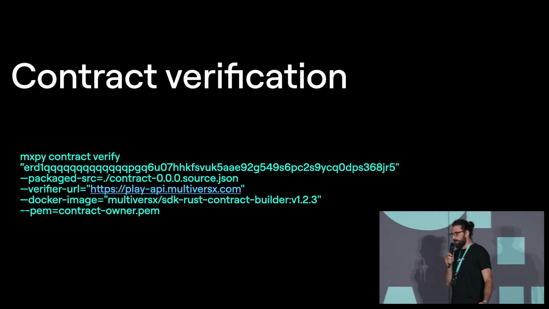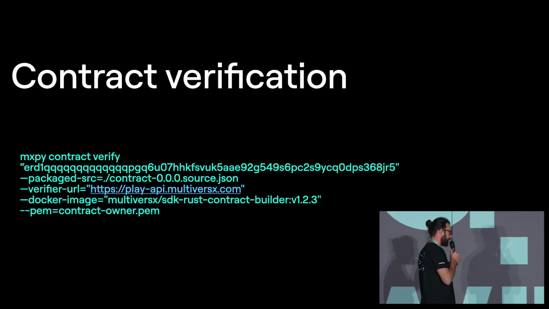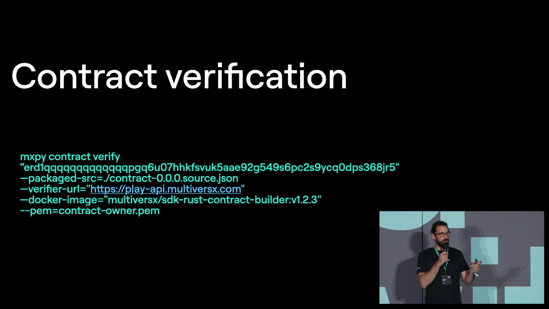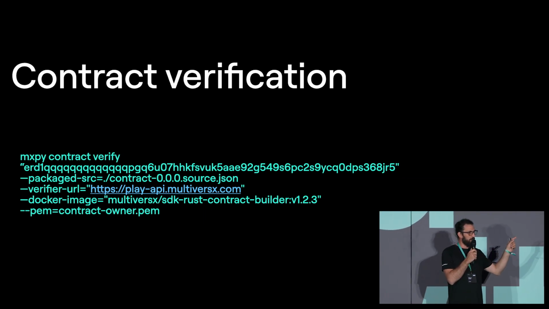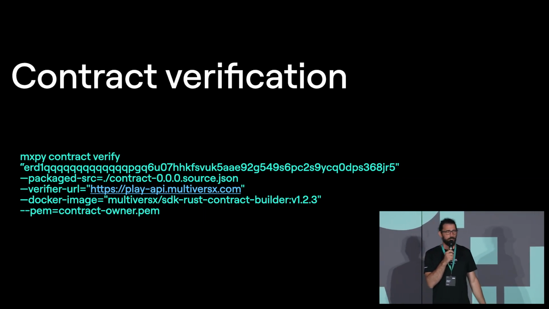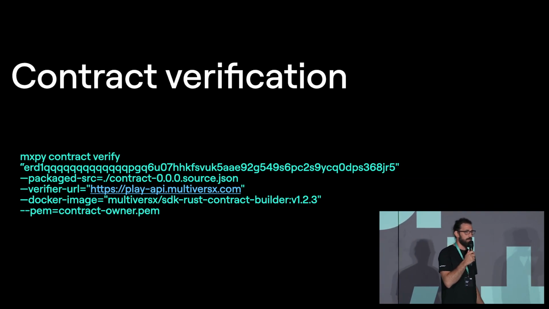This Explorer service will build the source code that you give. And if it gets the same code hash as the one stored on the blockchain for the smart contract that you're trying to verify, then clearly that's the code for that specific smart contract, so it will automatically create that page.